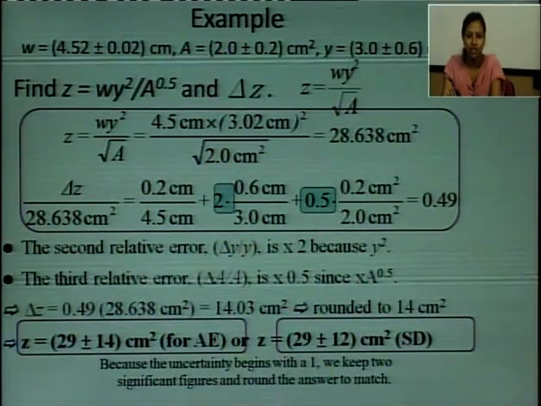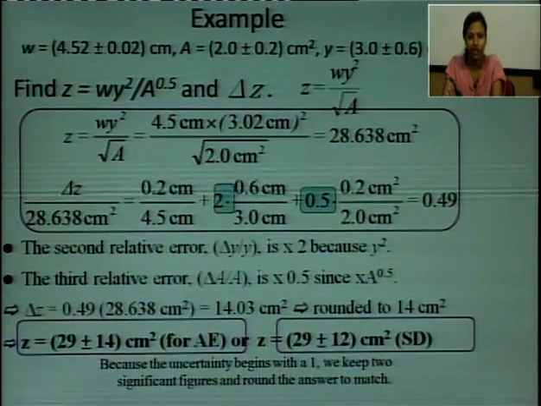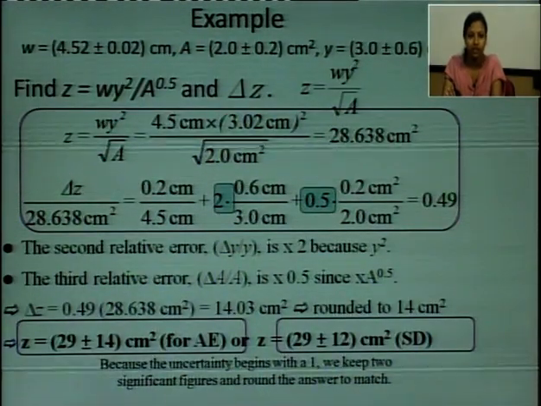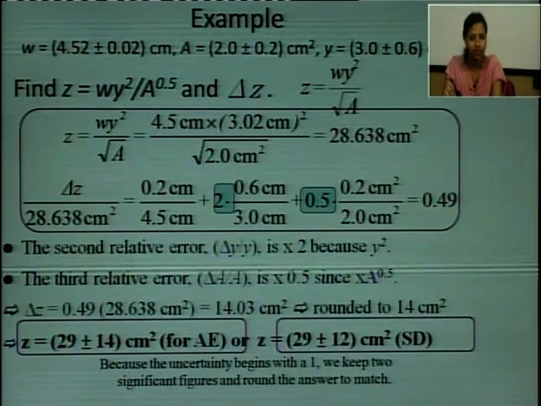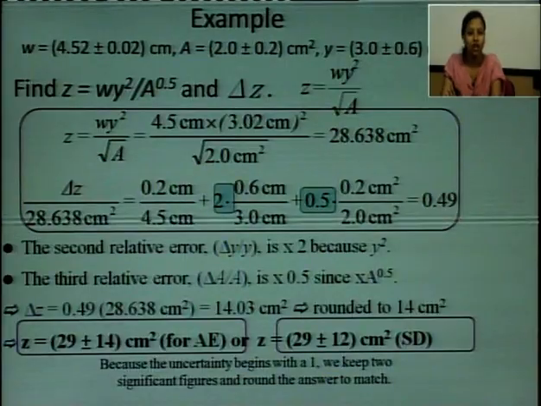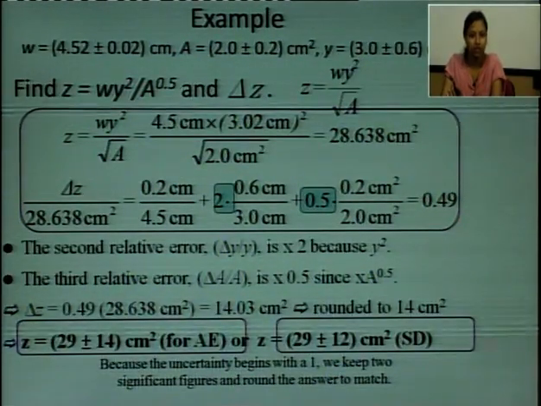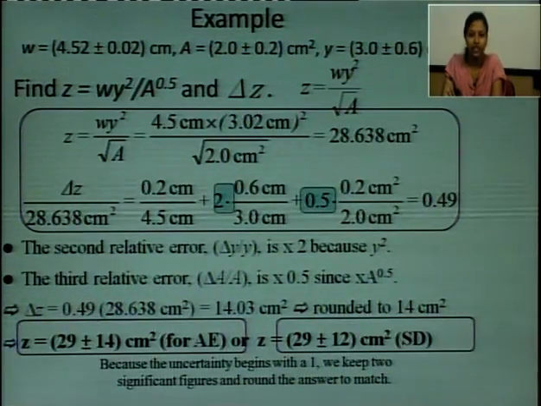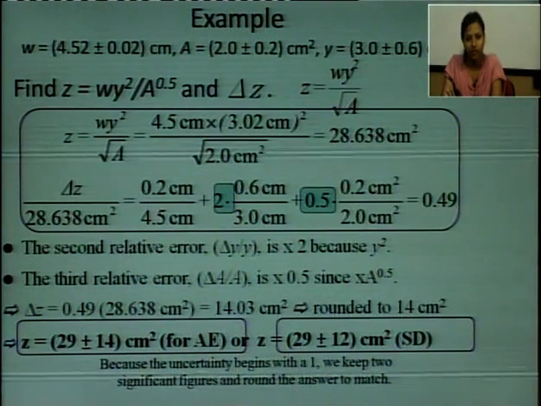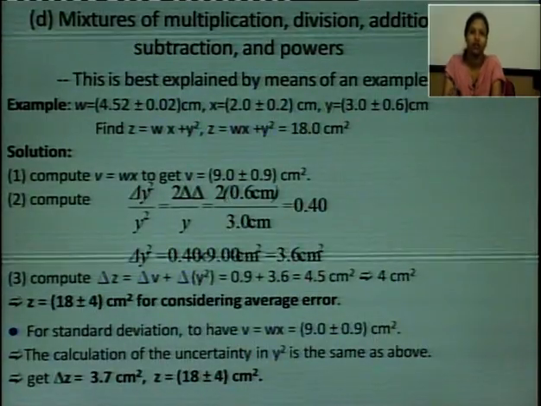So delta Z is equal to, multiplying these two, 0.49 and 28.638, up to round off, it is equal to 14 centimeter square. So Z is equal to 29 plus minus 14 for the average error, and it is equal to 29 plus minus 12 for the standard deviation.